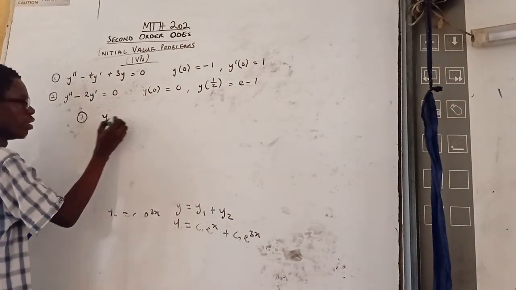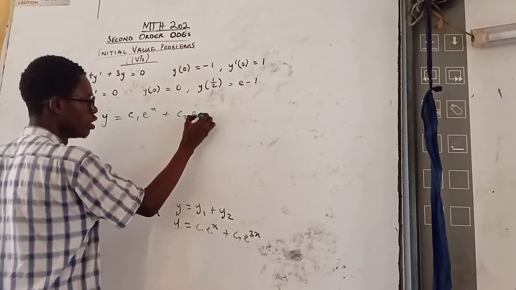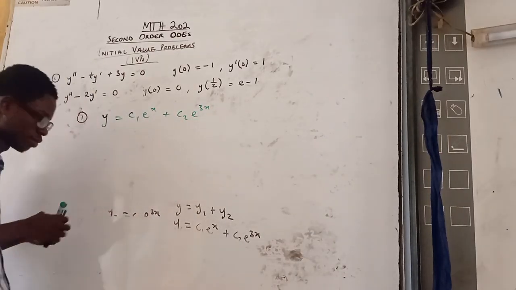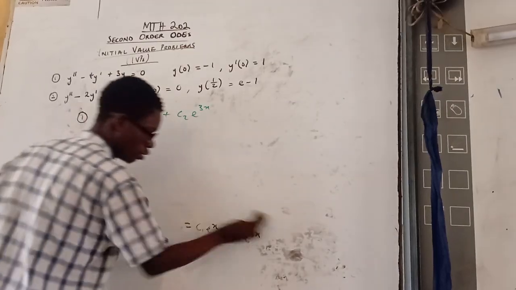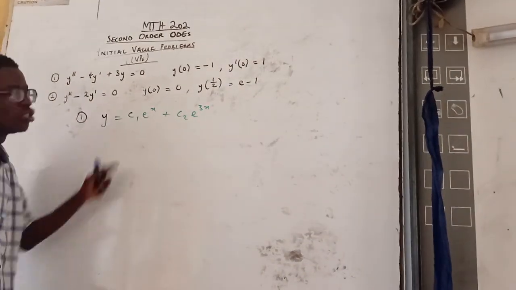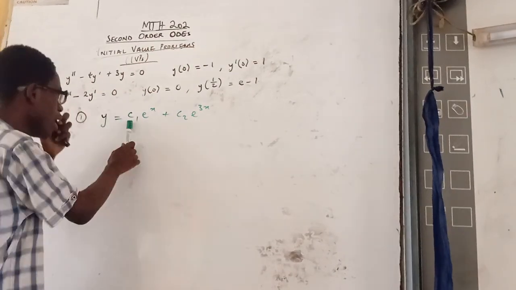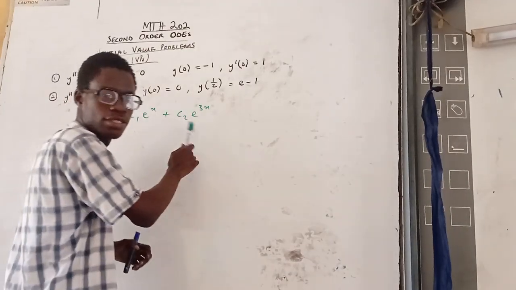We have y equals c1 e raised to power x plus c2 e raised to power 3x. Now let us rewrite this using our initial values. These initial values help us eliminate c1 and c2.